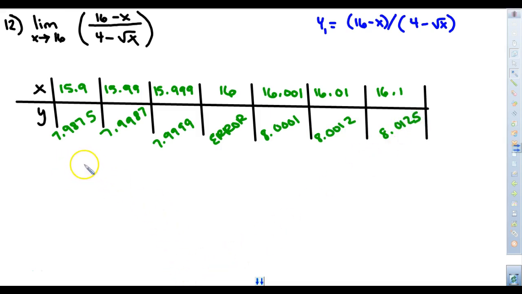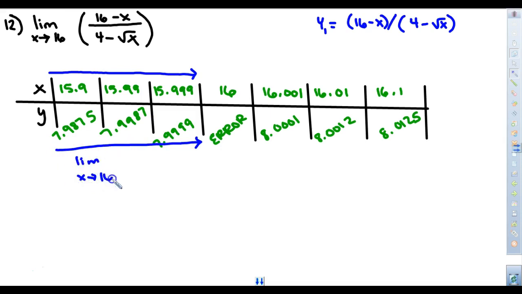And here we go. Here are our questions. Ready? As x approaches 16 from the left, what is y approaching? I would say it's safe to say that the limit as x approaches 16 from the left of all that, yes, you have to write all that, is equal to 8.